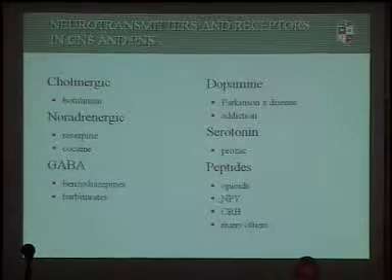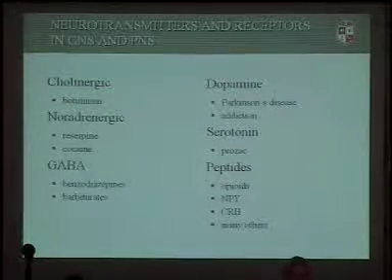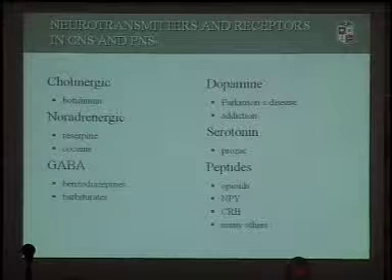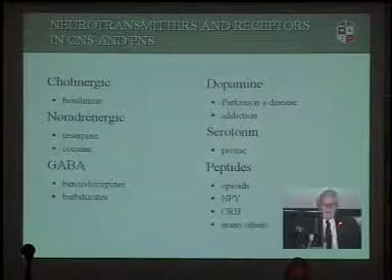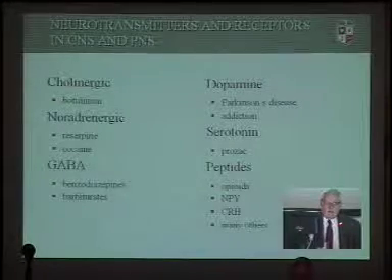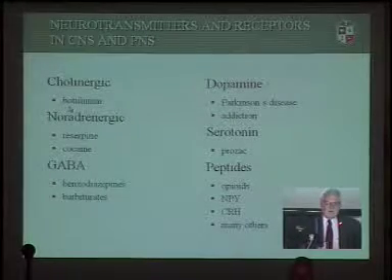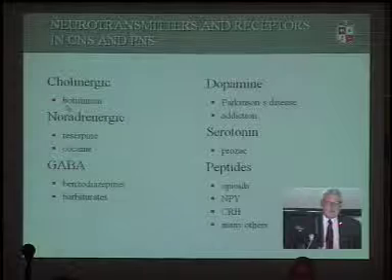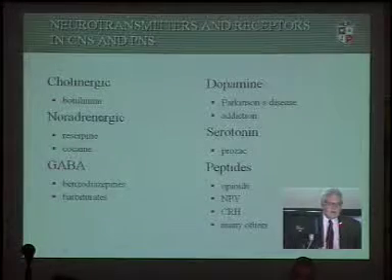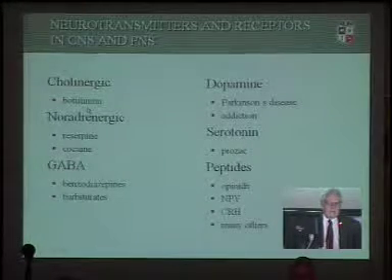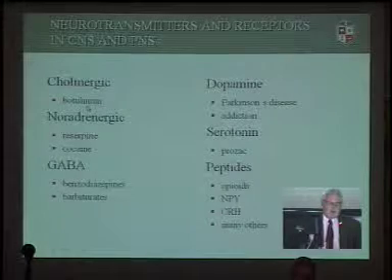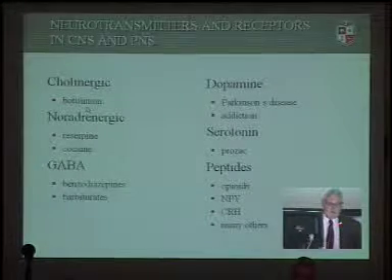I'm not going to spend hardly any time talking about neurotransmitters, but obviously they're very important. A lot of situations where there are substances in the environment which act on neurotransmitters or their receptors and cause problems.